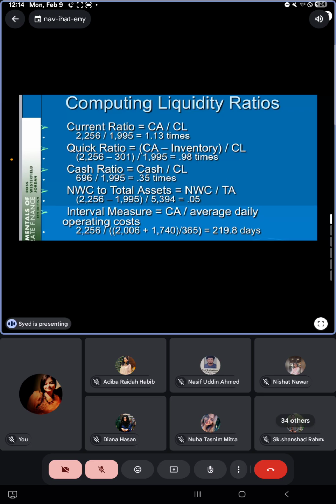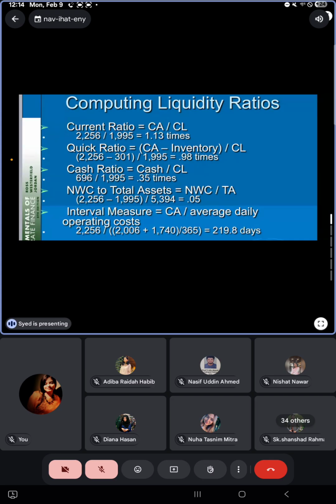Cash comes from the balance sheet, 696, and that will be divided by the current liability, 1995. That will give you the cash ratio of 0.35 times. Coming to the interpretation.